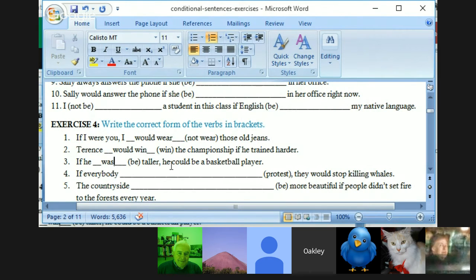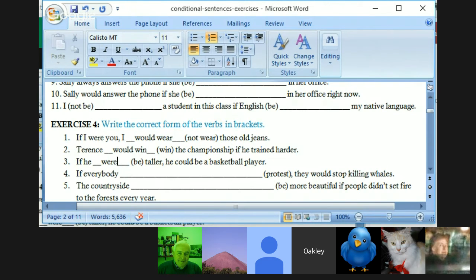Past tense, but that's okay. No, he's not taller. The idea is that it's unreal, that he's not taller. So we have no choice but to use were. The verb to be will always conjugate as were. Every time.